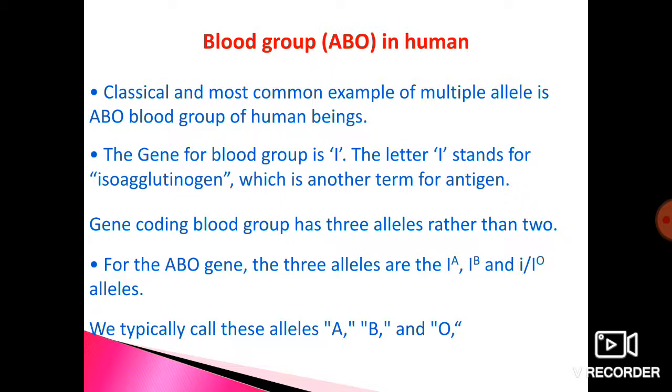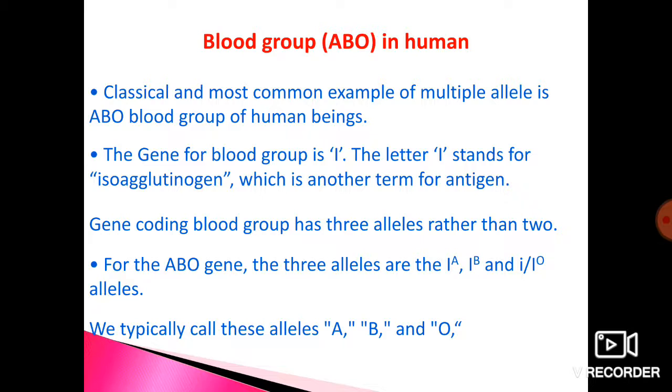So for the blood group in humans, these days people are most aware that blood is said to have a certain group. Almost all of us say my group is A, B, O, or AB, or we say I am A positive, I am B negative, I am O positive.